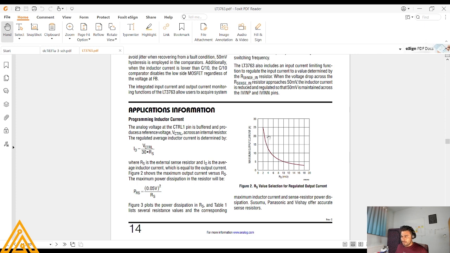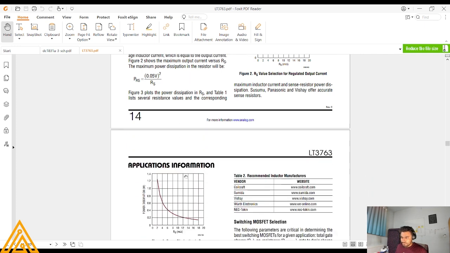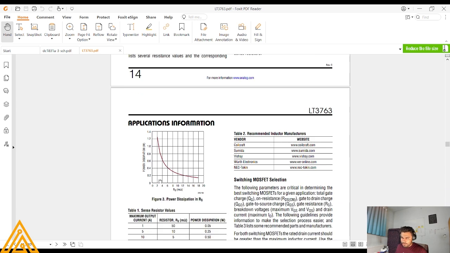As you can see, based on this diagram, if we want 20 amps to our load, you could just put around 2.2 milliohm resistor at the output, and based on the power dissipation, whenever you put 2.2 milliohm at the output, you have around 1 watt power dissipation on our resistor.